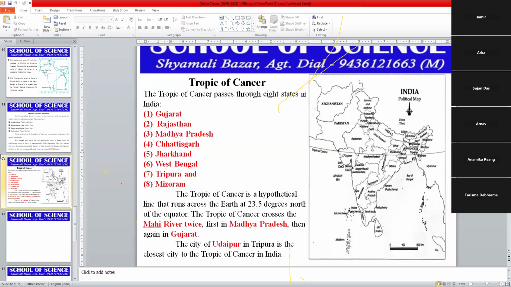The Tropic of Cancer is a hypothetical line that runs across the earth at 23.5 degrees north of the equator. The Tropic of Cancer crosses the Mahi River twice, first in Madhya Pradesh, then again in Gujarat. And the city of Udaipur in Tripura is the closest city to the Tropic of Cancer in India.